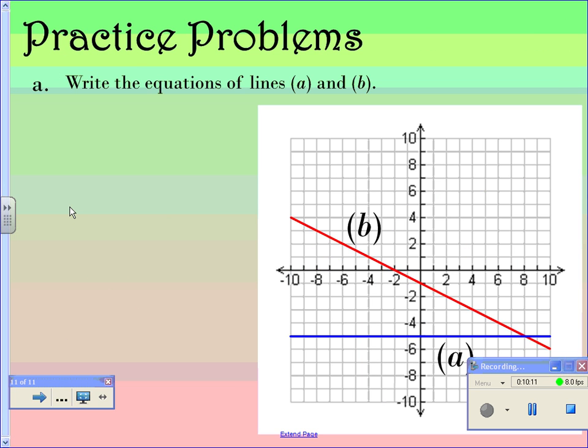No? Okay. Here is a practice problem. See if you can write the equations of A and B. Will someone go write the equation for A?